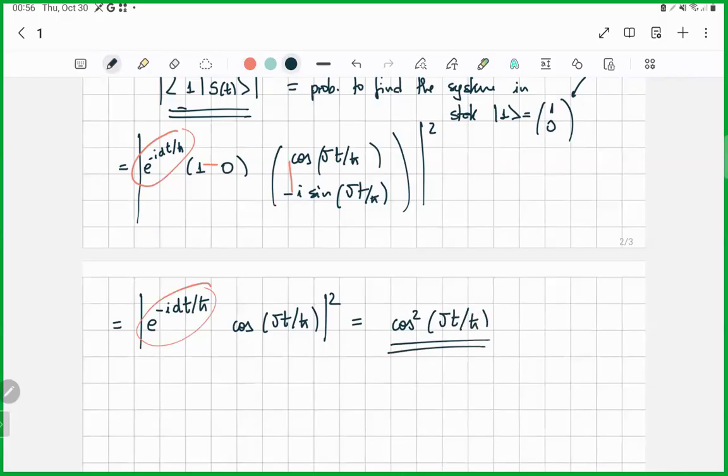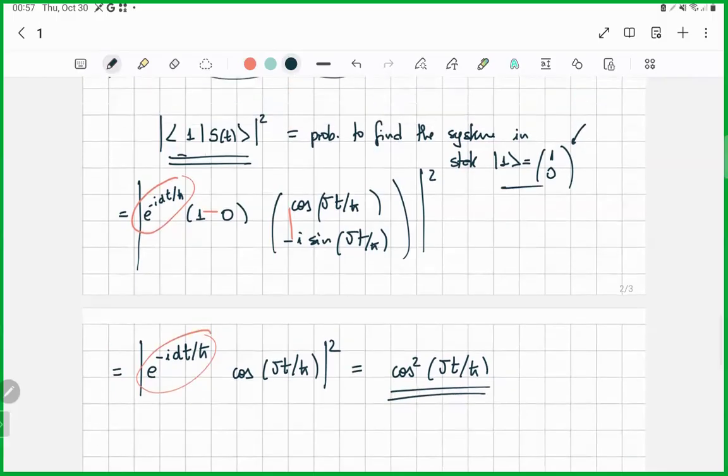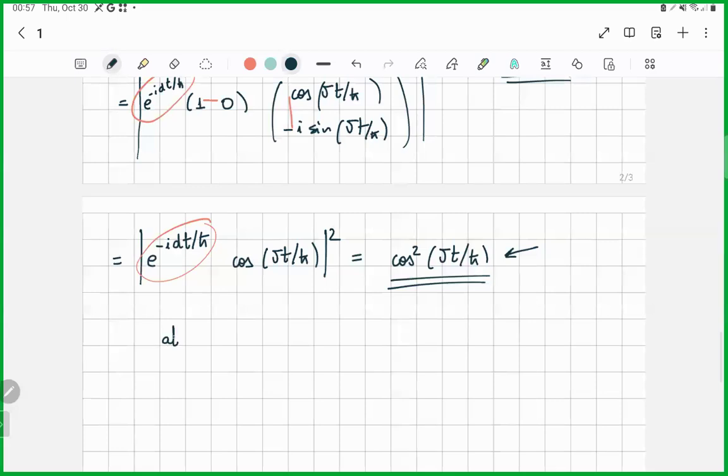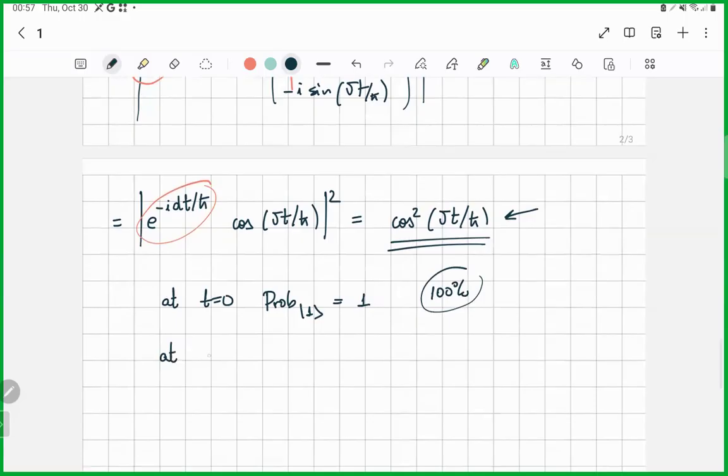You see that the probability to find our system in this state is changing in time. At time 0, it was our initial state. So at time 0, the probability to find our system in that state 1 is 1, 100% there. It starts in that state. But if we go to a later time, for example, time pi over 4 h bar over j, what would it be?